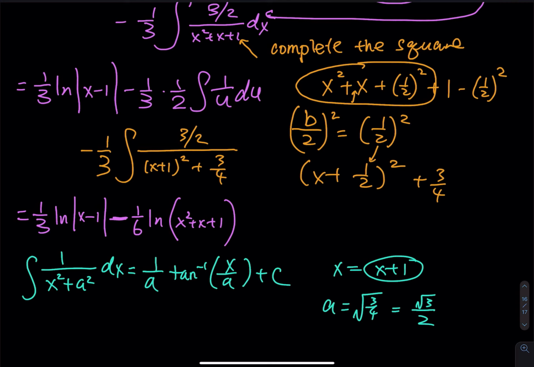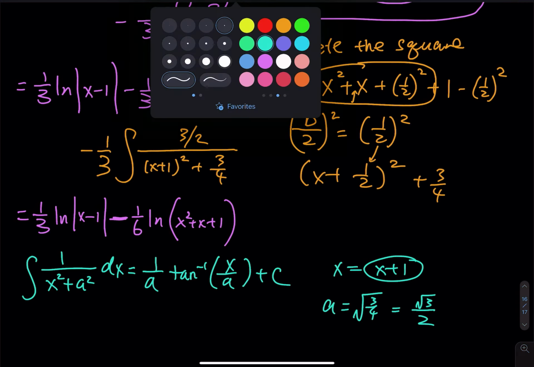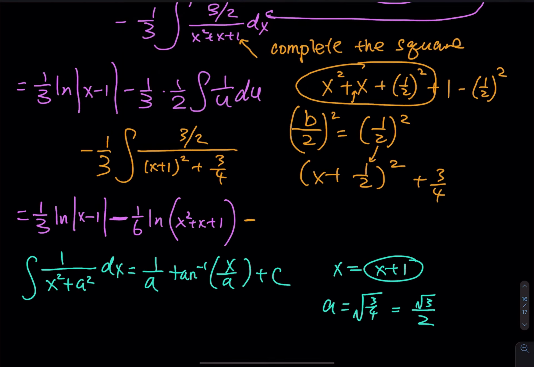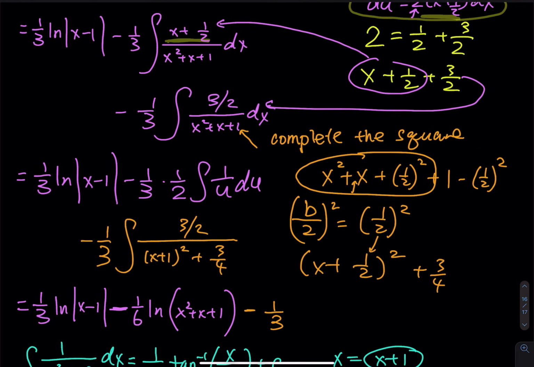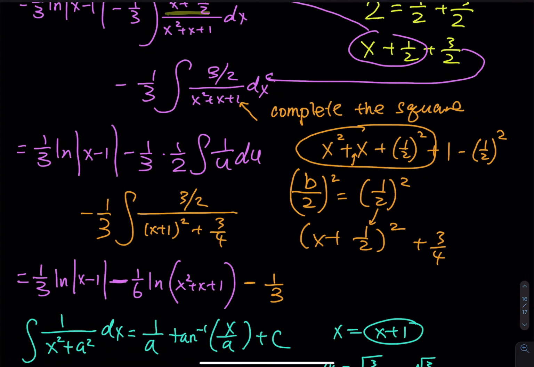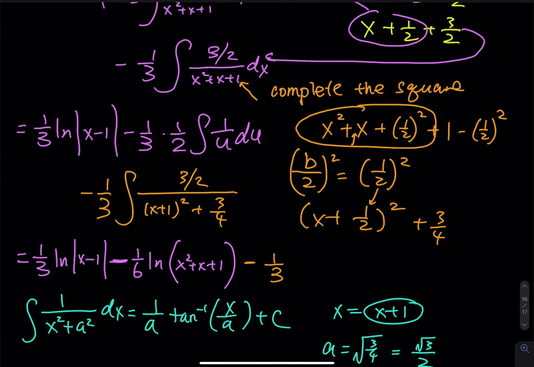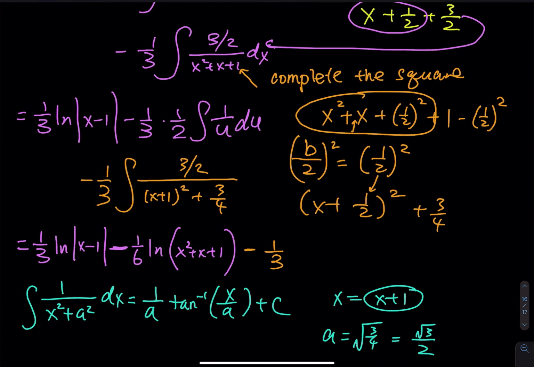And then the result is, let's go back to orange. So this is minus 1/3, right? Minus 1/3. Did I make a mistake on the 1/3? Nope. So minus 1/3. And then we have 1 divided by a.